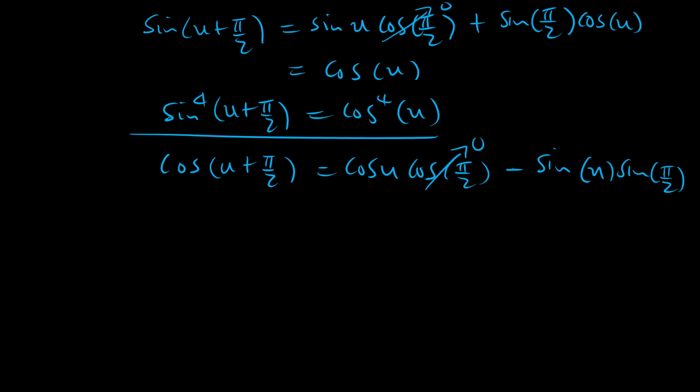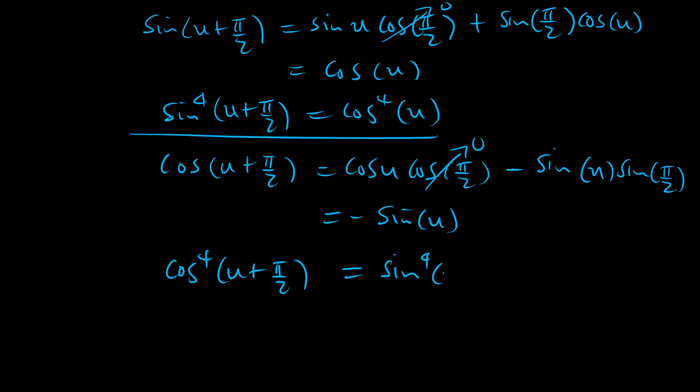This guy goes to 0, so we get negative sine of u. However, cosine to the 4th of u plus pi over 2 is equal to sine to the 4th of u.